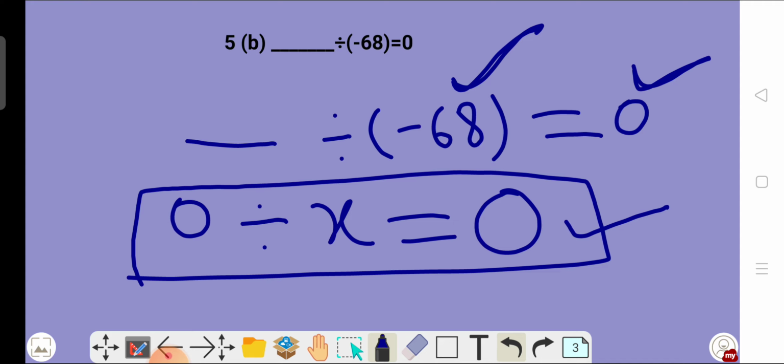So this blank should be filled by 0 because this is the property of 0 when it is divided by any integer and the resultant is 0. So resultant 0 means our blank should be filled by 0. So the answer of B part is 0.